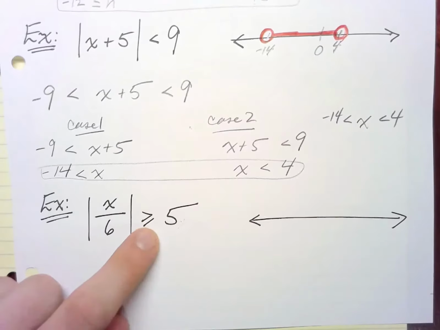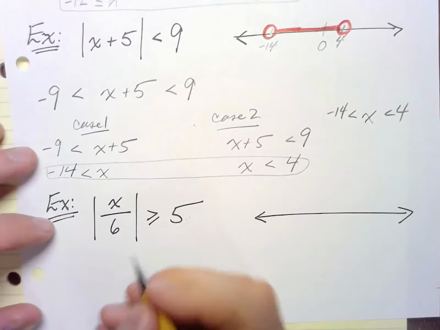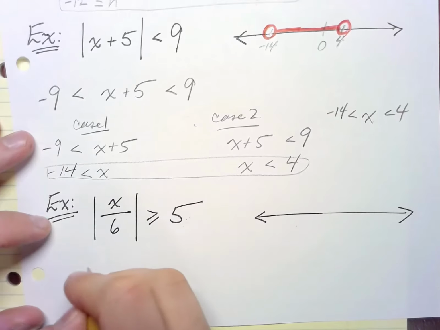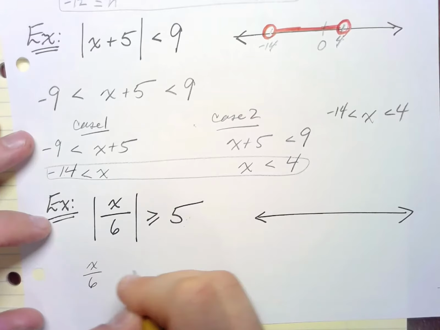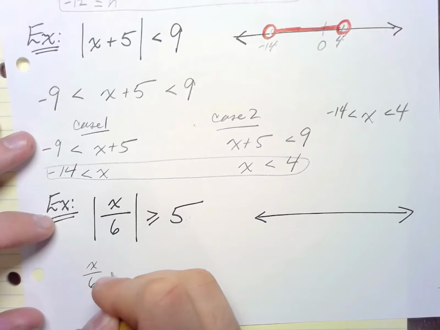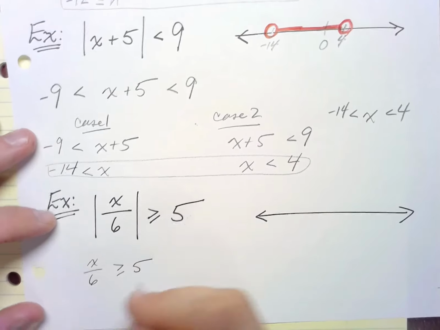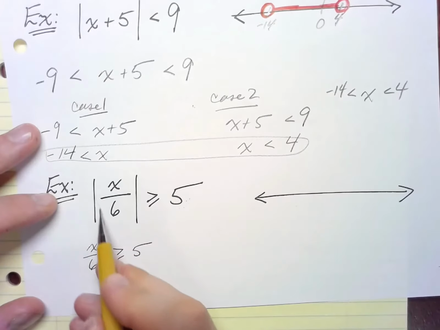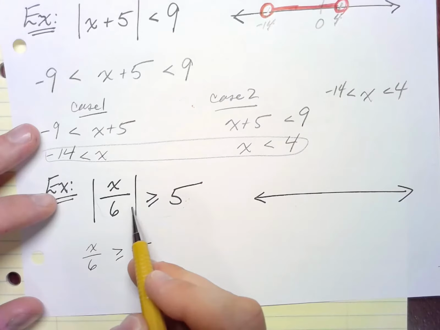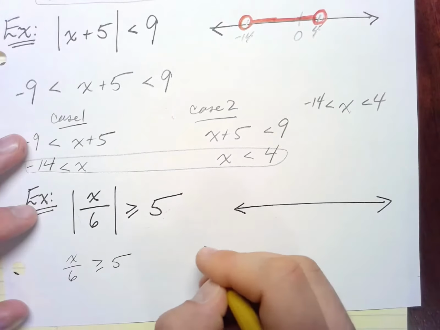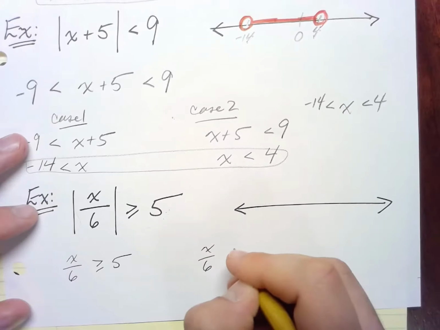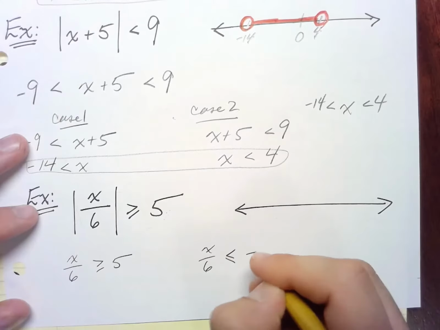Now let's look at a greater than, which will be a disjunction. So with the disjunction, we set it up as x over 6 is greater than or equal to 5, which is exactly how it's written, right? We're just taking the absolute value out. And then we set up the negative version, so x over 6 is of course less than or equal to negative 5.